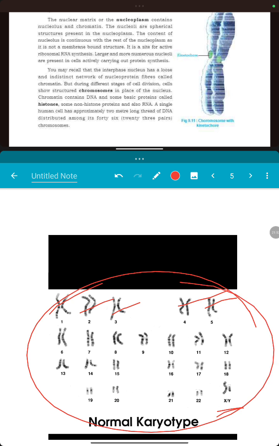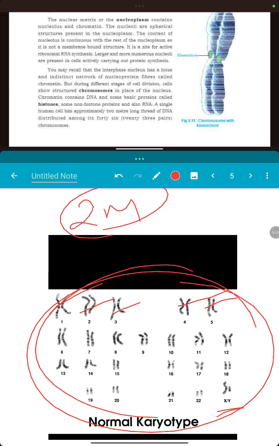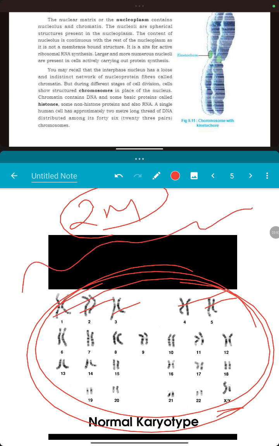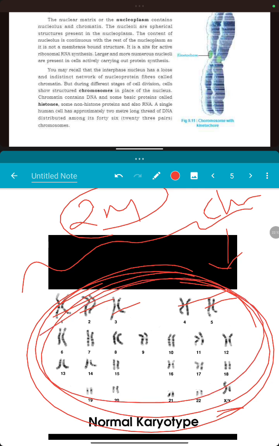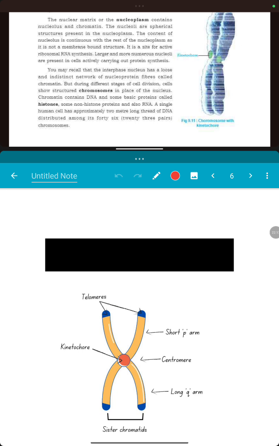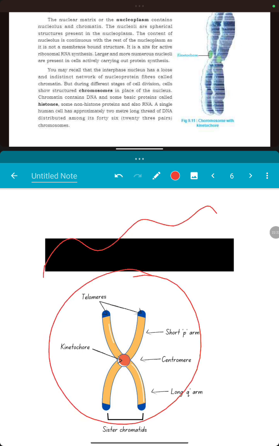All of these 2 meters of thread changed like this, from a thread-like chromatin to the final shape. It was condensed and folded more and finally appeared like this. So finally a chromosome thread was changed to this.